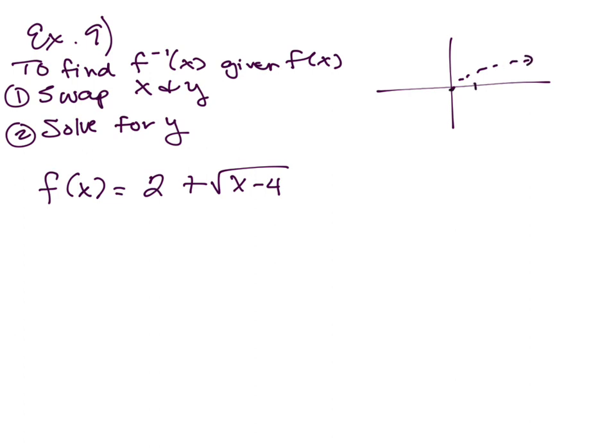0, 0, 1, 1, 4, 2. You said it went right 4, and then what? Up 2. So my new function would start here, and that's my 0, right? Right 4, up 2. So my new function has 0, 0 at 4, 2, and 1, 1.